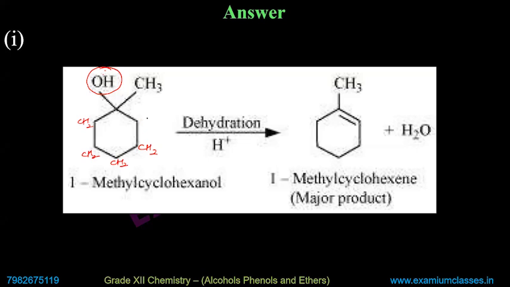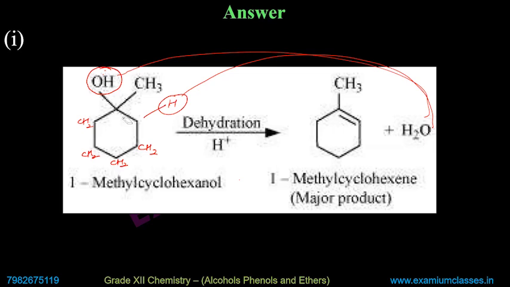So one hydrogen will go away. These two will form H2O. When OH and H go away, the remaining electrons will form a double bond here. 1-methyl cyclohexene will be the major product.